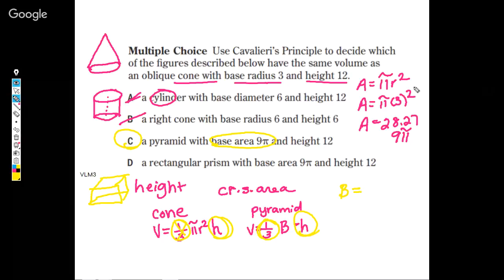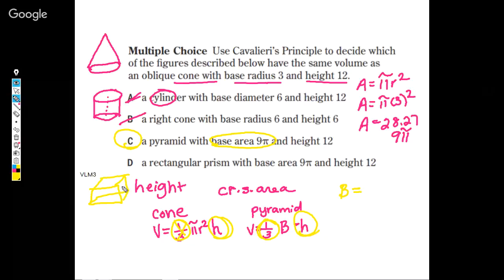So we can't even consider the cylinder. Then the formula for a rectangular prism is just base times height, or length times width times height, which also doesn't have 1/3 in it. So that left us between B and C, because both a cone and the pyramid have a 1/3 in them. But we also had to look at the heights to make sure our heights were 12. And that's why we chose choice C.